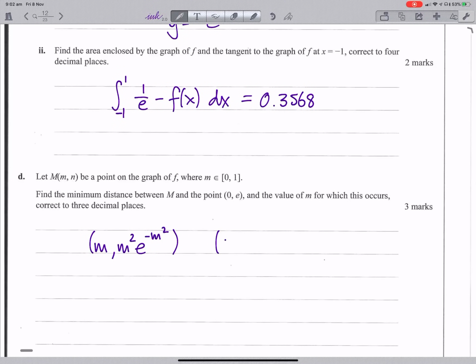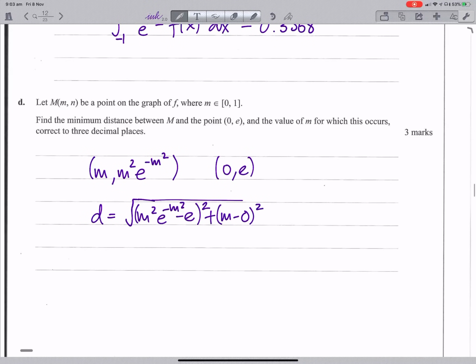And our other point is 0e, so our distance is the square root of m squared e to the negative m squared minus e squared plus m minus 0 squared. Find the minimum distance and the value of m at which this occurs, correct to 3 decimal places.